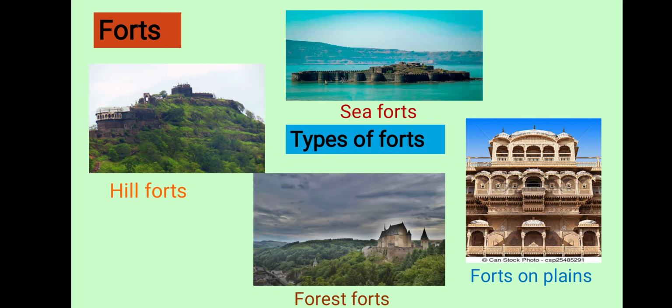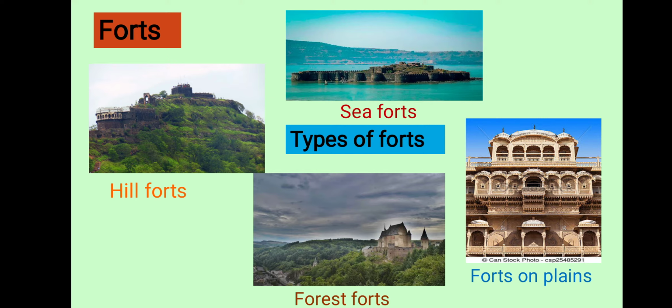In that figure, some types of forts and their photos are shown to you. Forts built on a mountain or hill are known as hill forts. Forts built in the ocean or sea are known as sea forts.